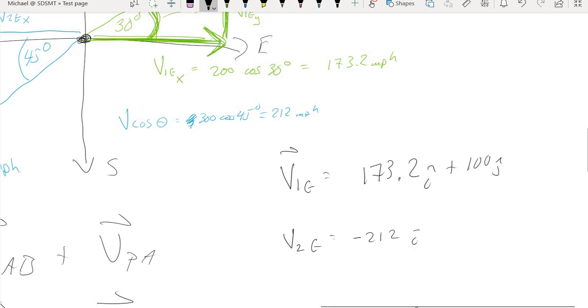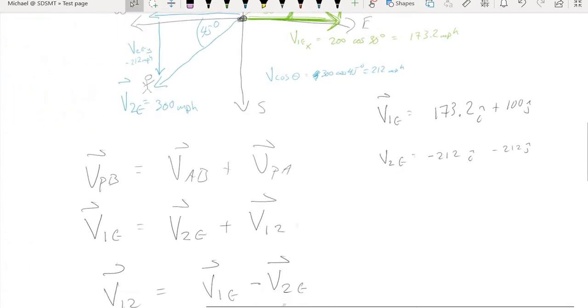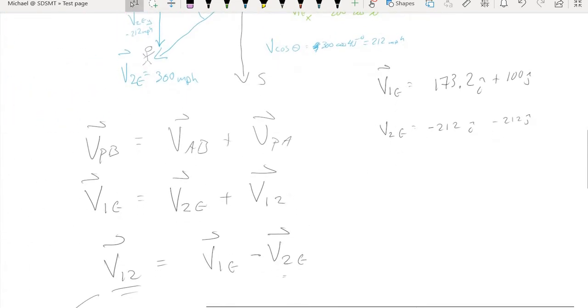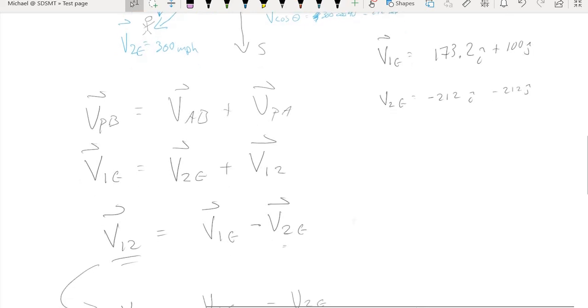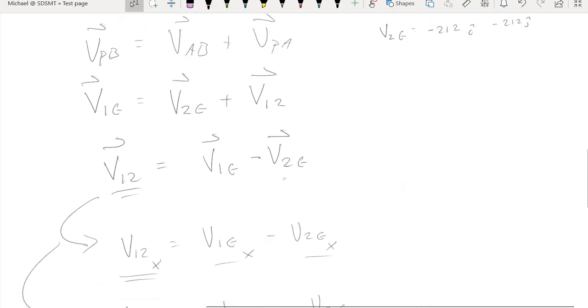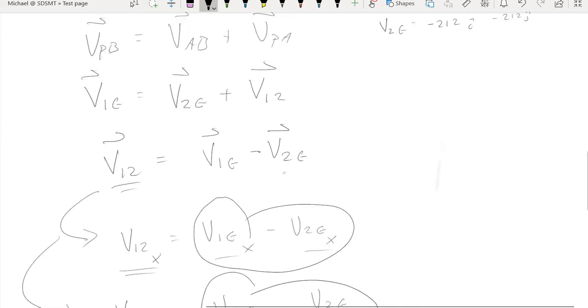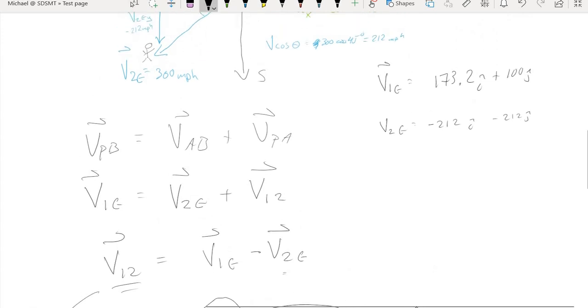Negative 212, negative 212. And so now, well, how are we going to get the components of our vector? Well, we need to take the components of vector 1, subtract the components of vector 2. Well, that's exactly what I'm ready to do here.